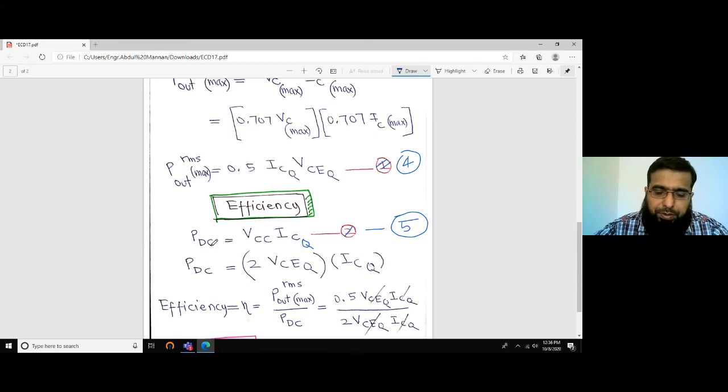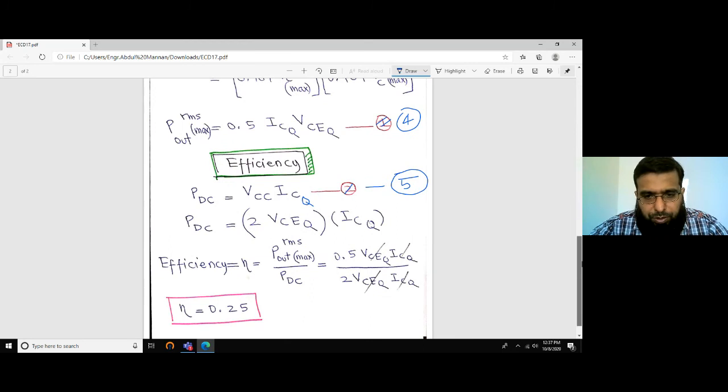It's the max DC power that the DC source is supplying. So DC power can also be written as, since we are bound to bias this in the middle of the VCC, VCEQ has to be VCC by 2, or VCC is 2 times VCEQ. So now we are all set.